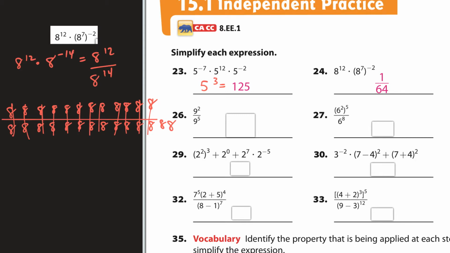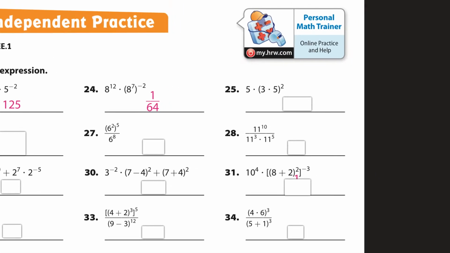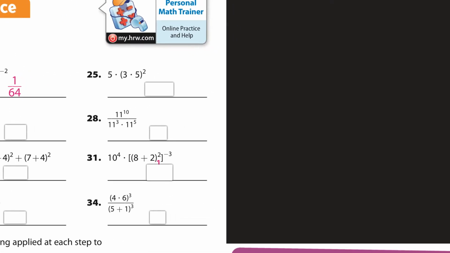Okay, next one is this. So what we have is, I think what I'm going to do is write 5 times and then 3 times. Oh, I see what they're doing here.